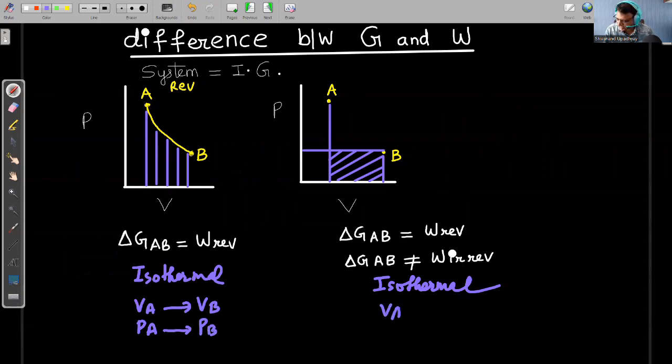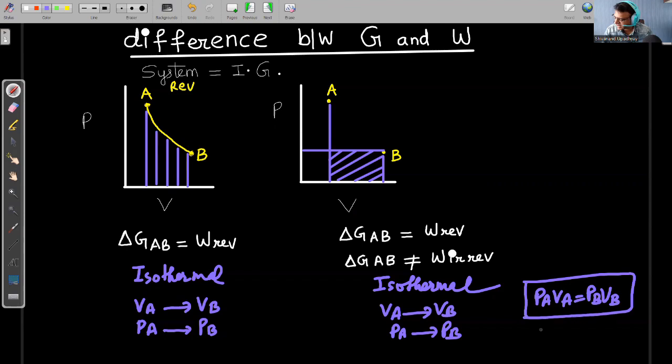Here also, if I am changing the volume by the same amount, then the pressure change will be the same. So pressure at points A and B in both graphs will be the same. Or I indirectly want to say that PA VA is equal to PB VB is valid for isothermal reversible as well as irreversible. It is valid for both.